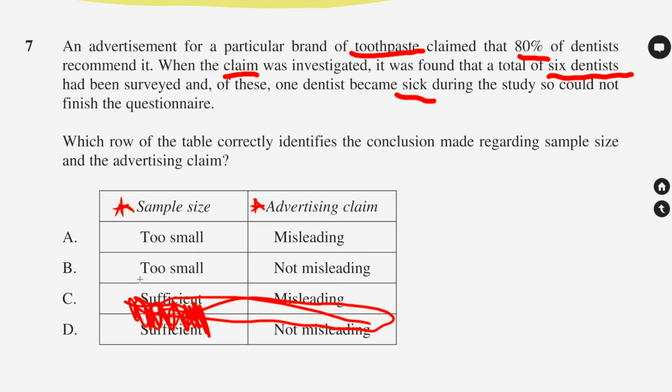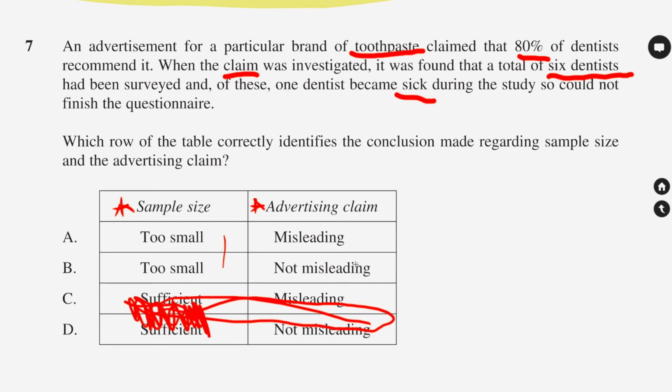Now, what we also need to think about is that the brand claims 80% recommend it. Of course, one, you've got a small size, so it's one of these two here. And really, it is definitely a misleading claim. They don't say why they recommend it, they just say they do.